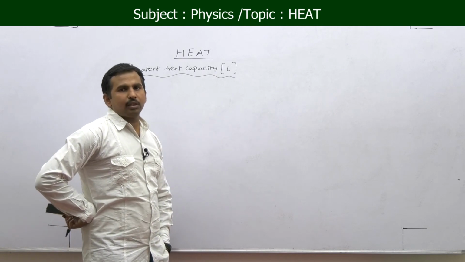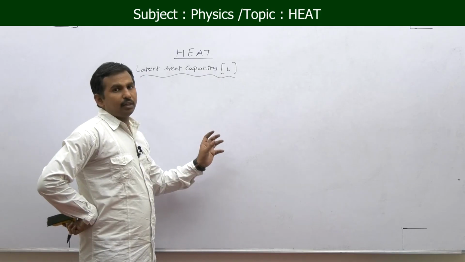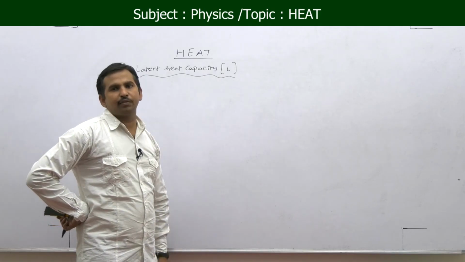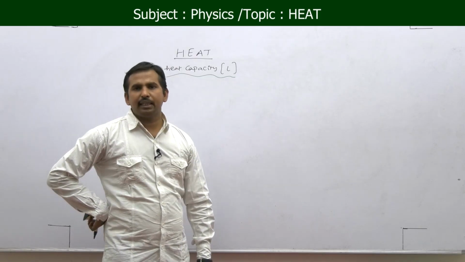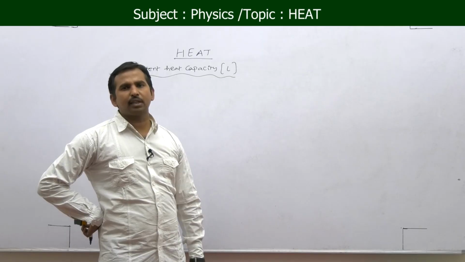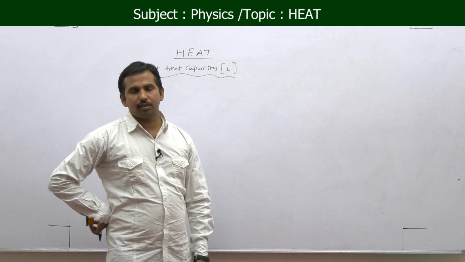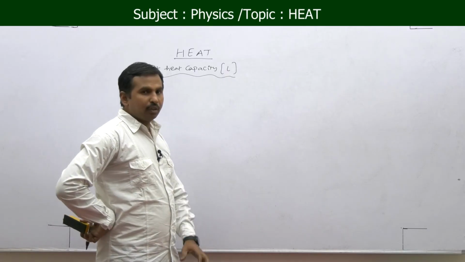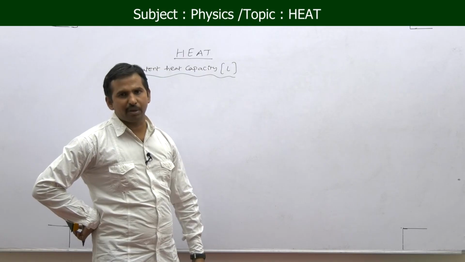Remember, while discussing specific heat capacity, I said that when heat energy is supplied to any substance, depending on the nature of the substance, that heat energy is utilized in different ways. When the average kinetic energy is increasing, we get the change of temperature. Now we are seeing there is no rise of temperature in the case of latent heat capacity.